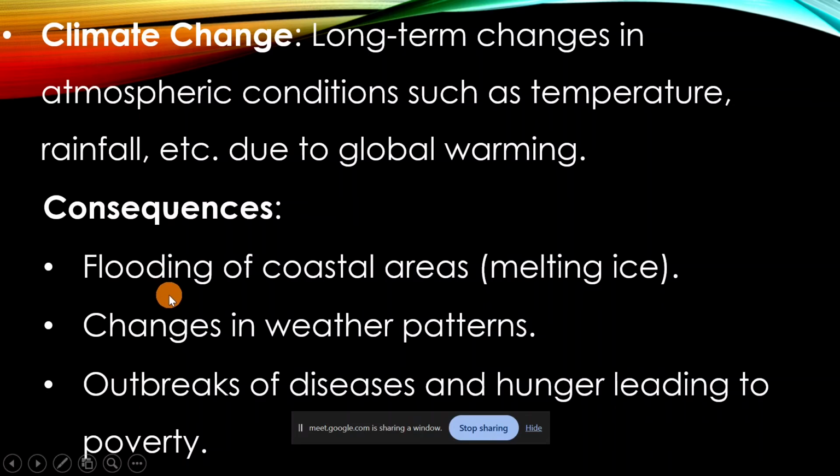The first one is flooding of coastal areas, which results from melting ice caps. Coastal areas are areas closer to rivers or oceans. In Zambia, we are a landlocked country, so we cannot easily understand what coastal areas mean unless you have done some research in science, as I have done myself to understand.